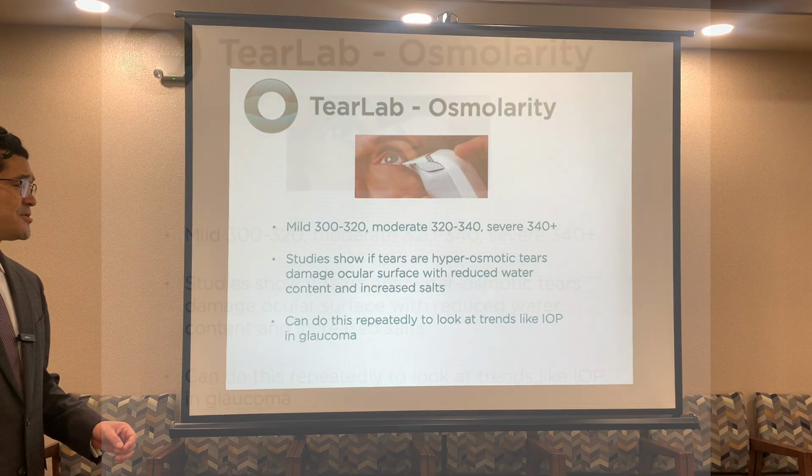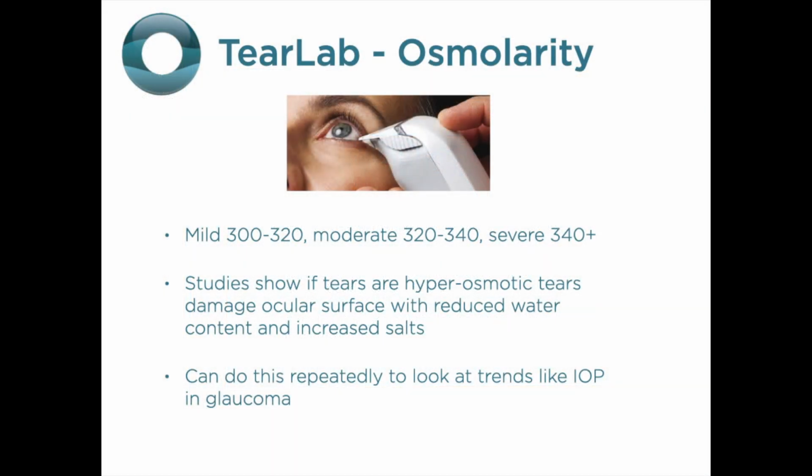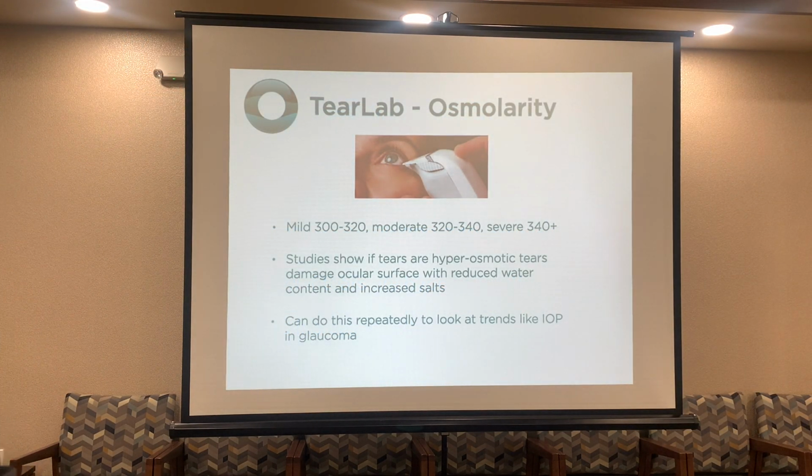You can do further testing for dry eye. We do tear lab osmolarity testing. The easy way to remember it that I think of, a number greater than 300 is not good. So you get a patient, you get a 308 or 300 or higher, that's not a good sign. Moderate, maybe 320, and the really bad cases are 340.